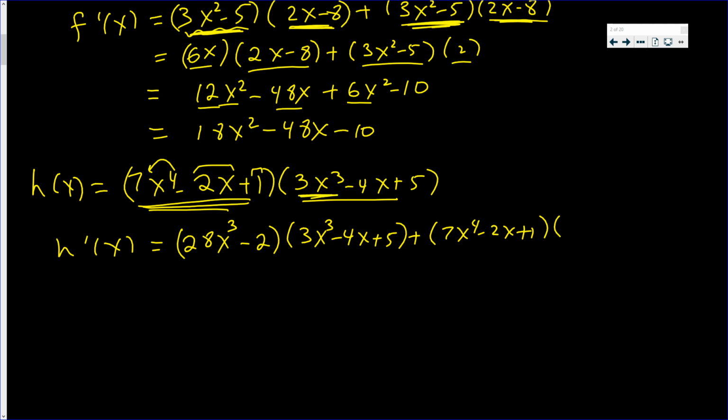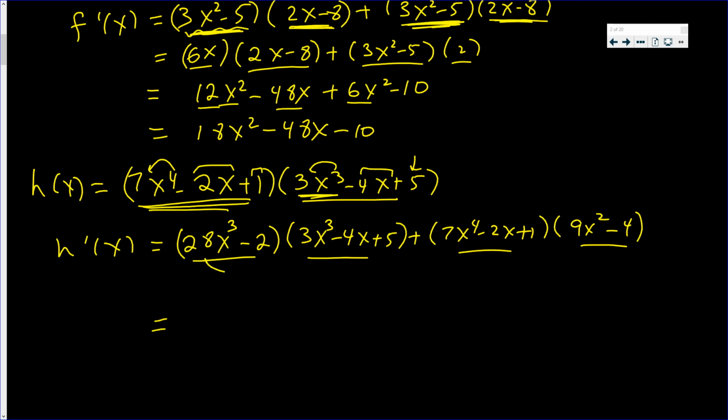The derivative of 3x cubed, you multiply the two 3's, you get 9x to the second, minus the derivative of a constant times x is the constant, plus the derivative of a constant, which is 0. The calculus part is done. I took the derivative of a polynomial here and here, and here I didn't.